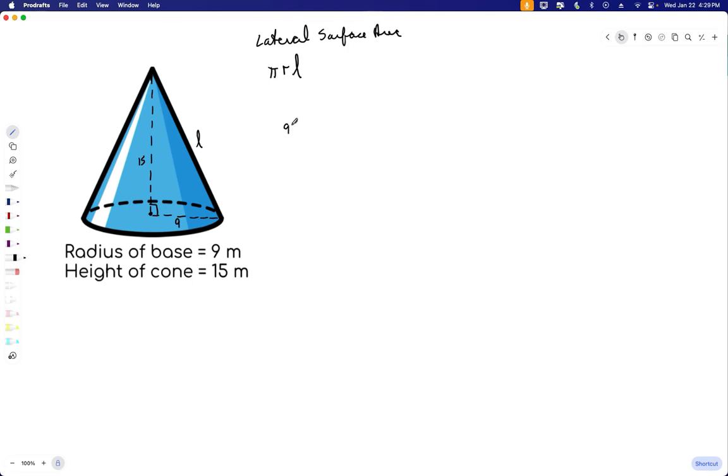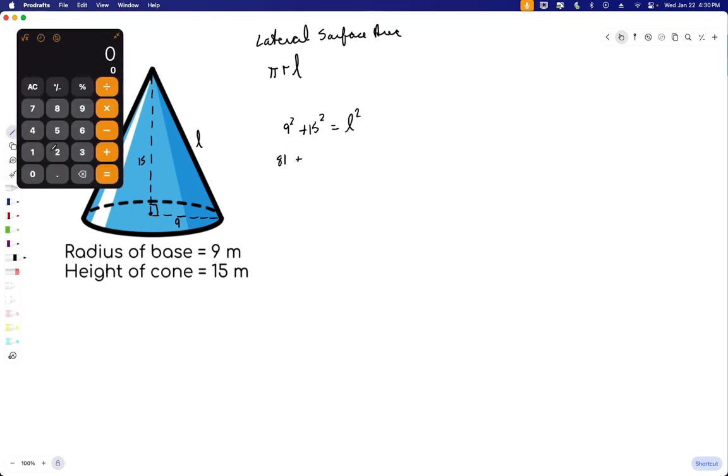So we're going to say 9 squared plus 15 squared is going to be equal to the slant height squared. So this is going to be 81 plus, I'm going to do it on a calculator, 15 times 15 is 225.